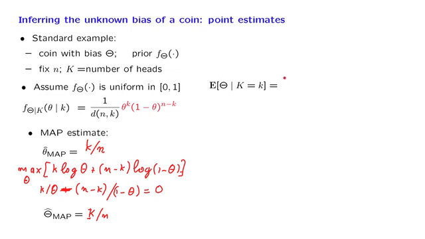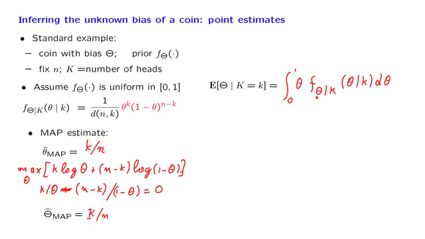To calculate this conditional expectation, all that we need to do is to form the integral of theta times the density of theta. But since it's a conditional expectation, we need to take the conditional density of theta. And the integral ranges from 0 to 1 because this is the range of our random variable theta.